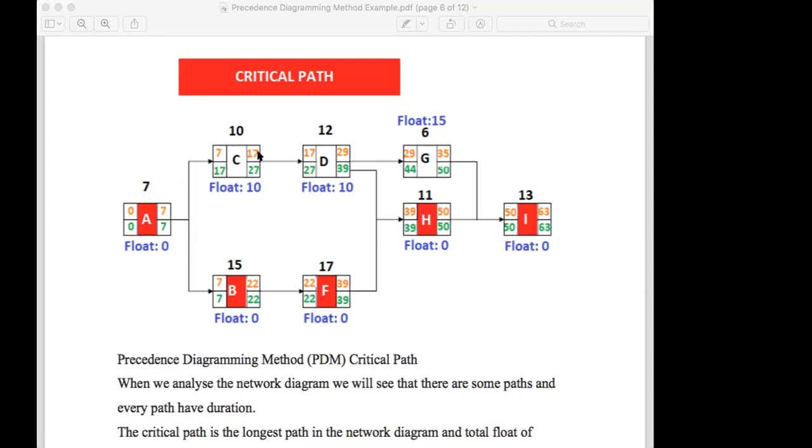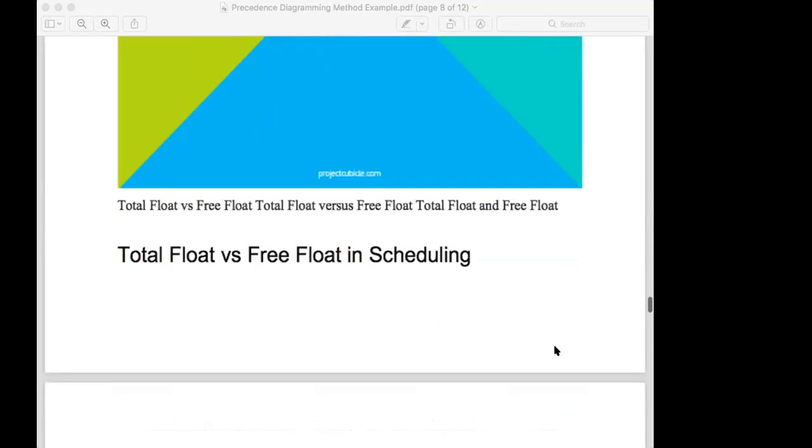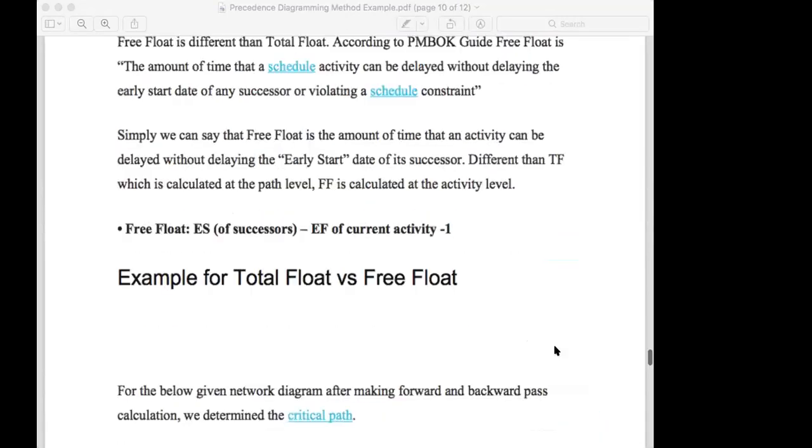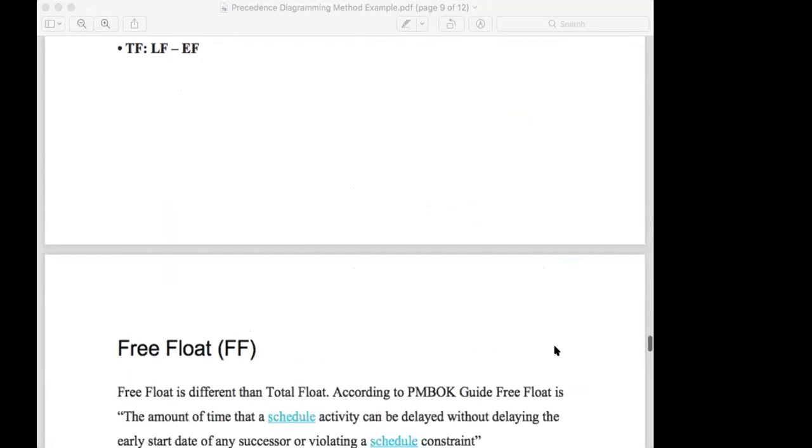Yeah, these things have no free float. 29. So this is it. So free float calculation is that.